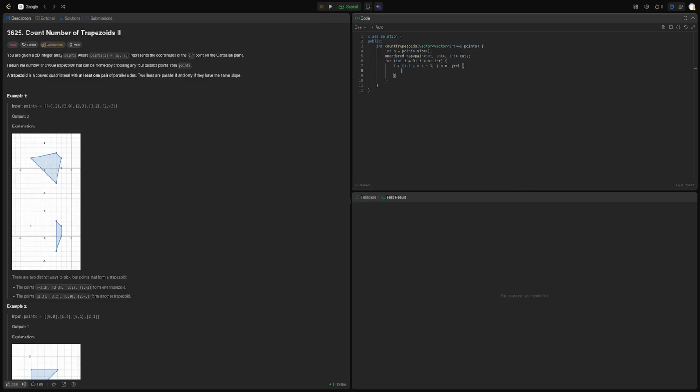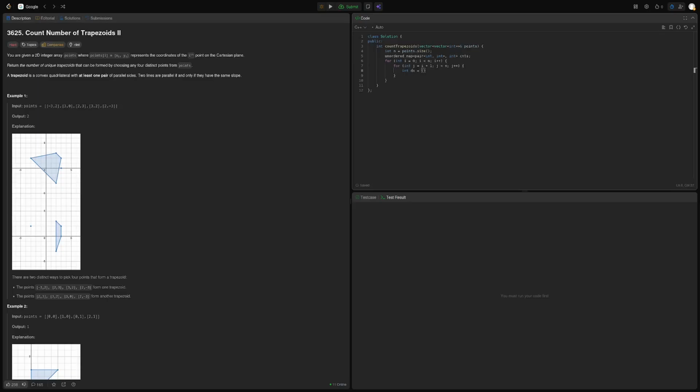We might encounter points in this order and then this order, so probably we want absolute values.